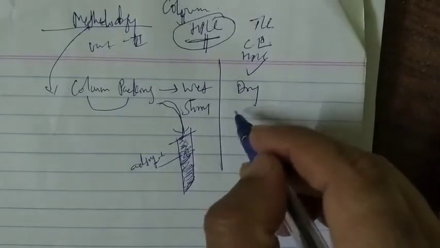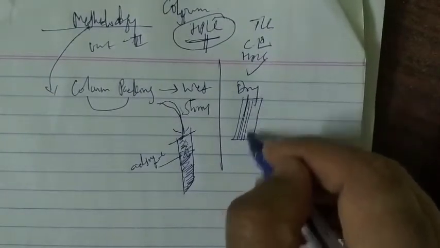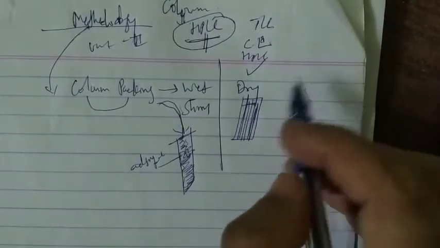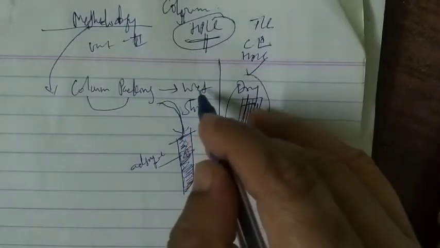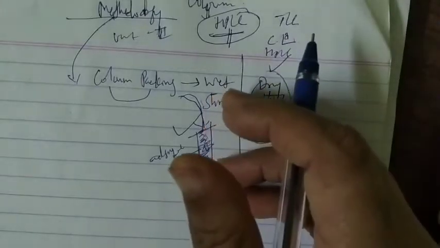In the dry way, we directly fill the column with the adsorbent. The wet way is better than the dry one. This is what we learned in the last video.